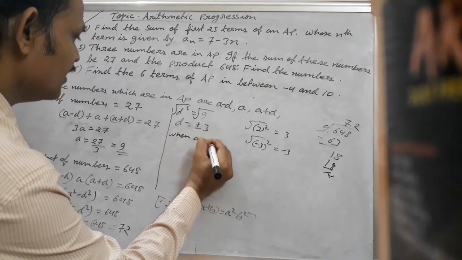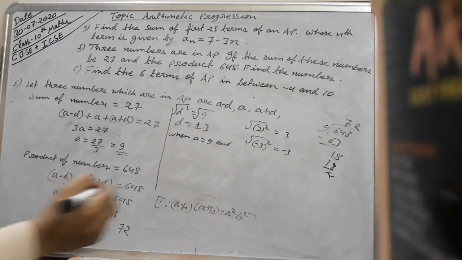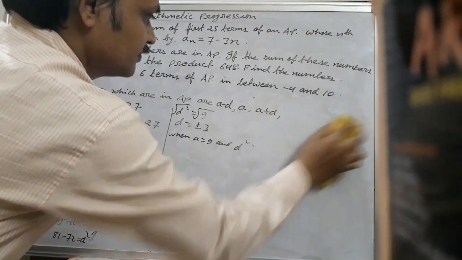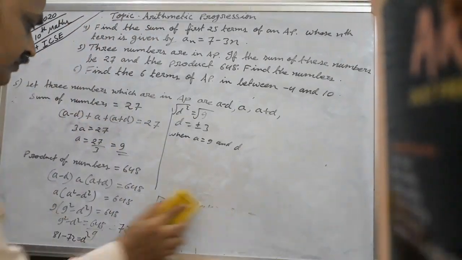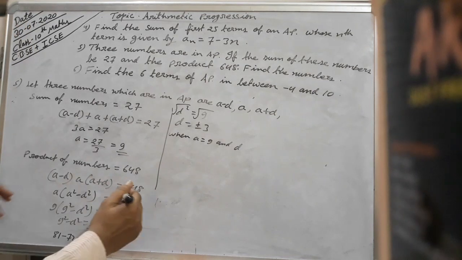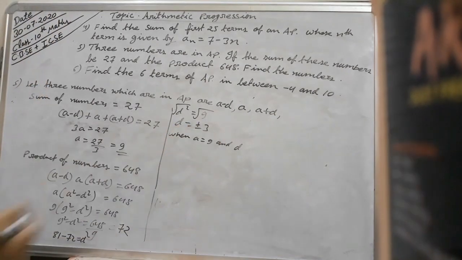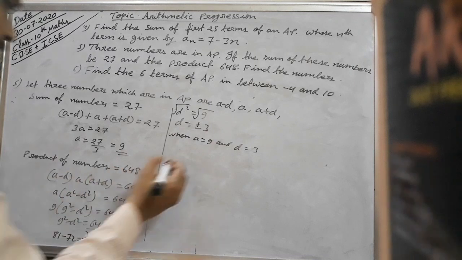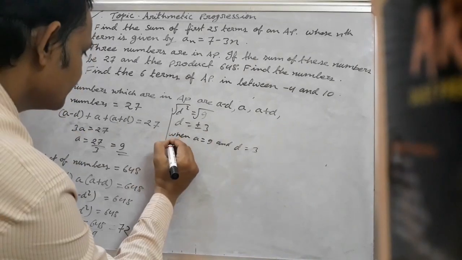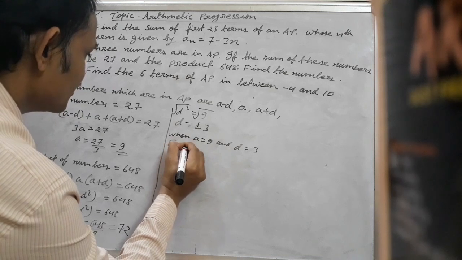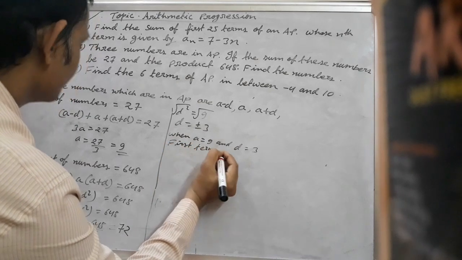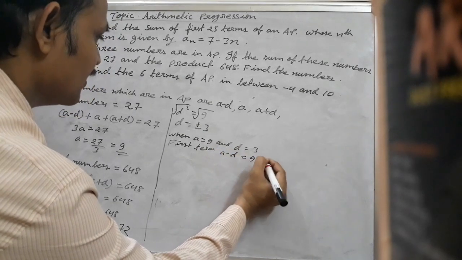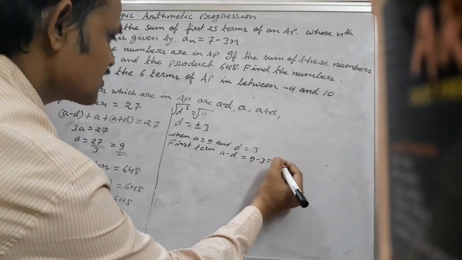When A is equal to 9 and D is equal to 3, that is plus 3, what will you get? First term: A minus D is equal to 9 minus 3, which is 6.